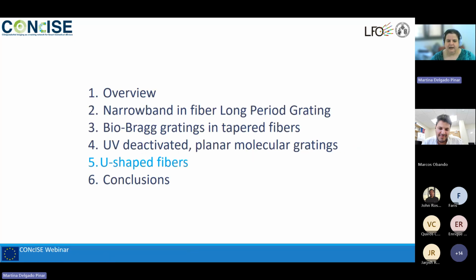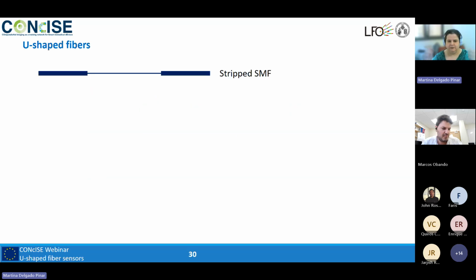Finally, just very shortly, I wanted to show you a very simple device that still works very well, and it's the U-shaped fibers. So we are going to take a piece of fiber which is stripped. We take out the polymer coating, and this fiber is a single mode telecom fiber, just the SMF28, the simplest one.